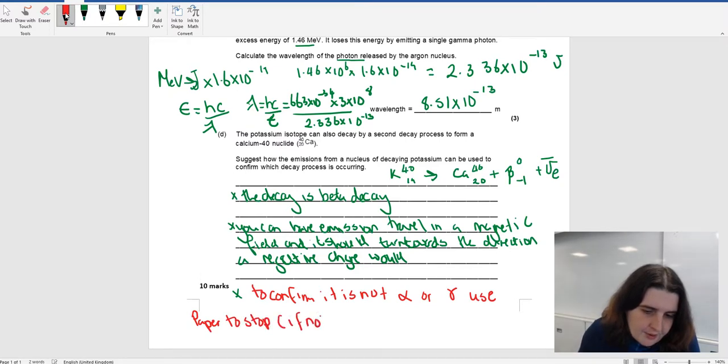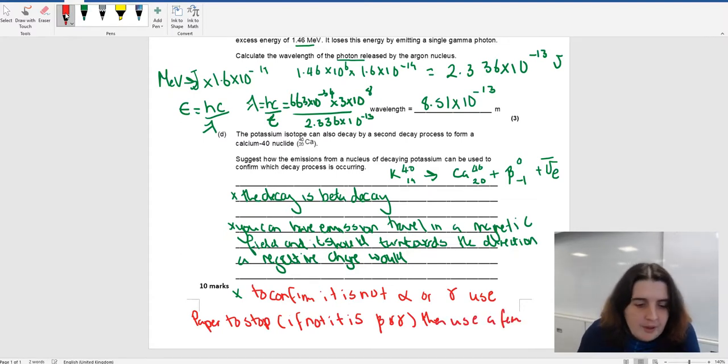If not, it is beta or gamma, then use a few millimeters of aluminium. If it stops, it is beta.